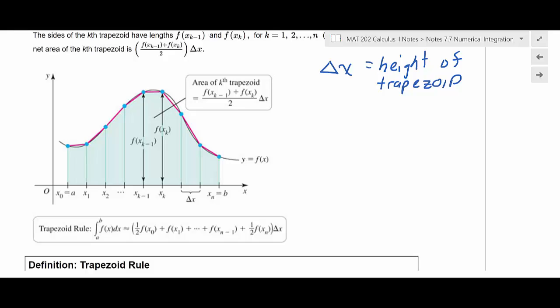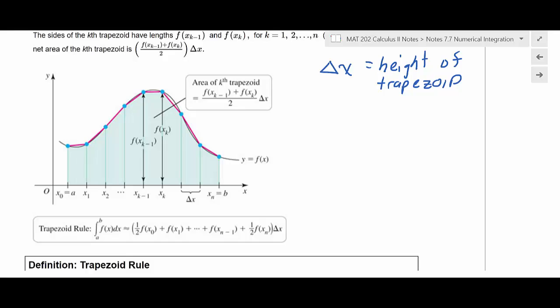Now if you look at the trapezoids, let me ask you this question. In comparison to the midpoint rule we just did, does that look more accurate or less accurate to you? It's more accurate, isn't it? Because you don't have that overestimated and underestimated. Depending on the curve and the curvature, that actually gives a pretty nice approximation.